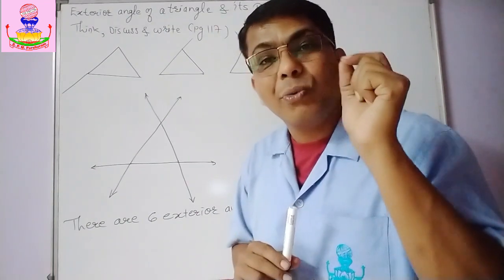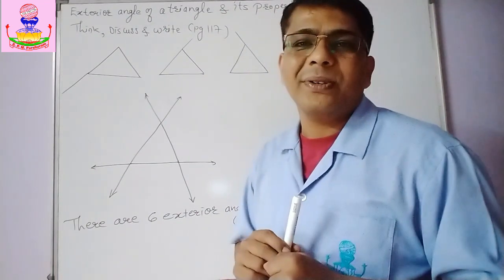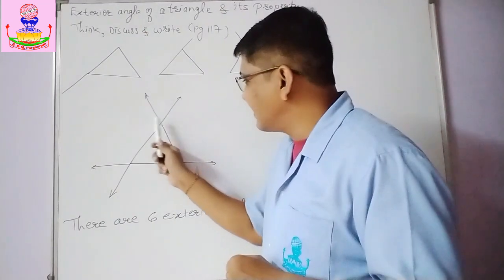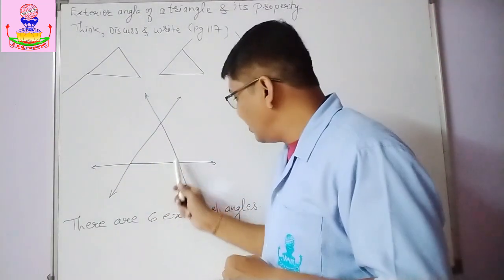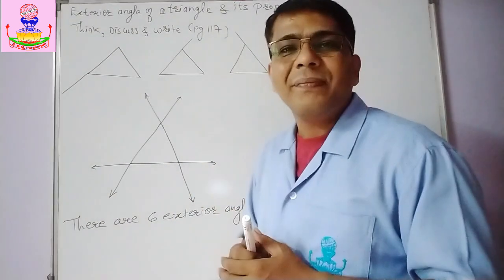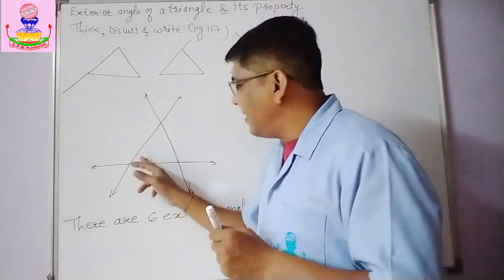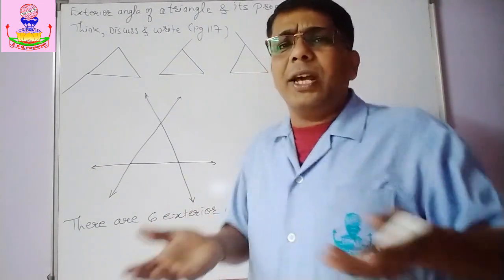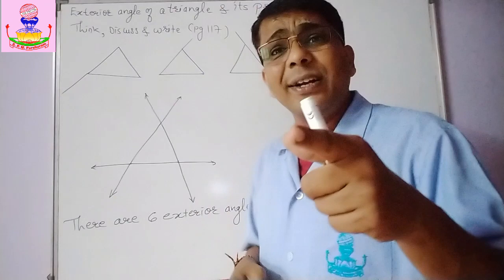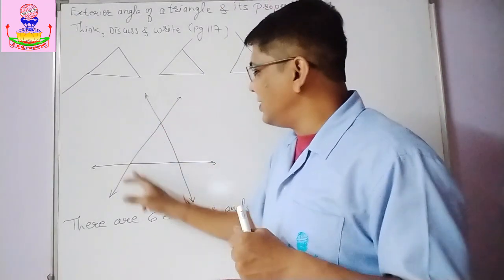One more speciality. The exterior angles at each vertex, they are always congruent. So means what? These 2 angles, they are congruent. These 2 angles, they are congruent. These 2 angles, they are congruent. Why? Again, they are in linear pair with the same angle, so their measure is going to be same.